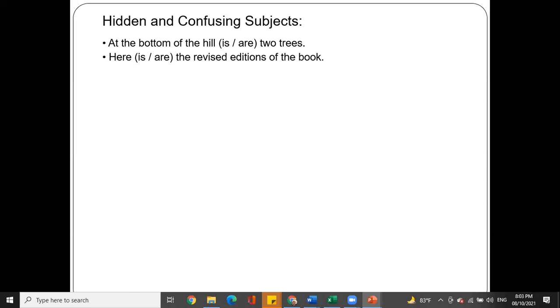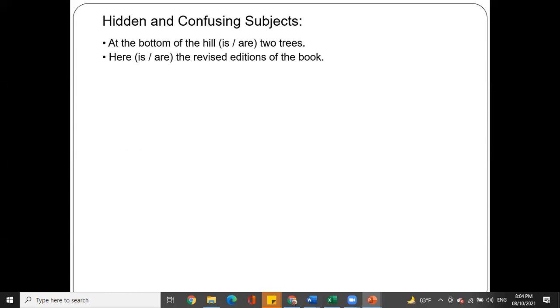Here are the revised editions of the book. So the subject is editions. That's the subject. "Here" or "there," guys, these are what we call, they are not subjects.